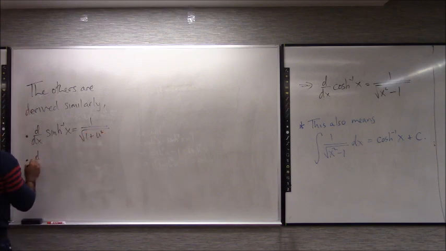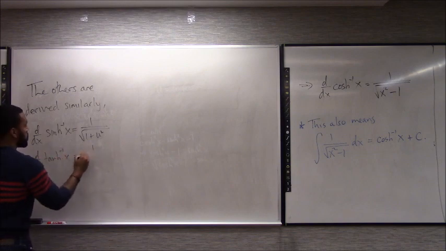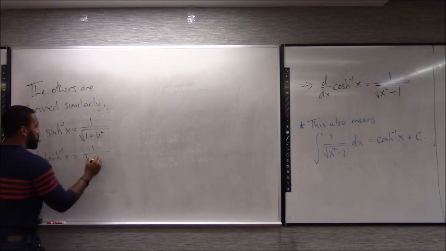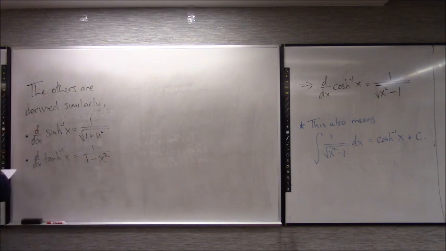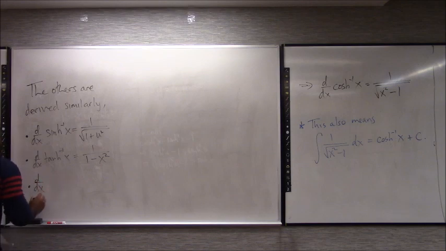The derivative of the inverse tanh, that's going to look like 1 minus x squared. And the derivative of, do you want to write these down? I'll just write them down.